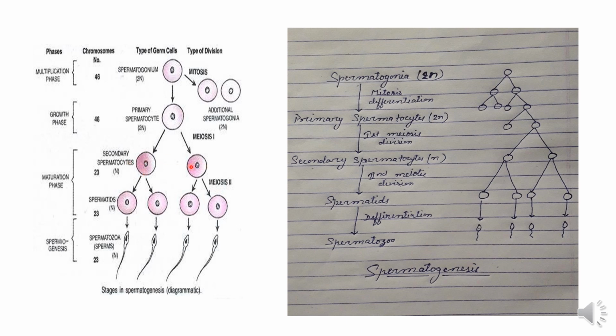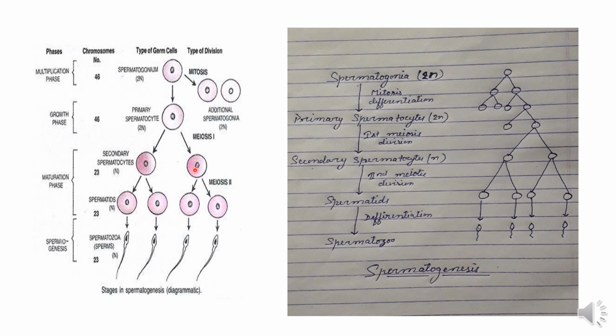Now both of these cells will divide a second time, each producing two daughter cells. Each of these daughter cells will have the same number of chromosomes as the secondary spermatocyte, n number of chromosomes.